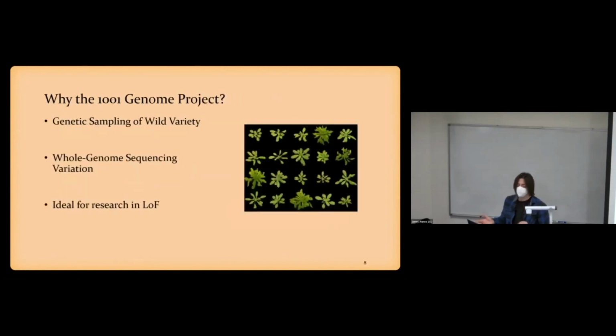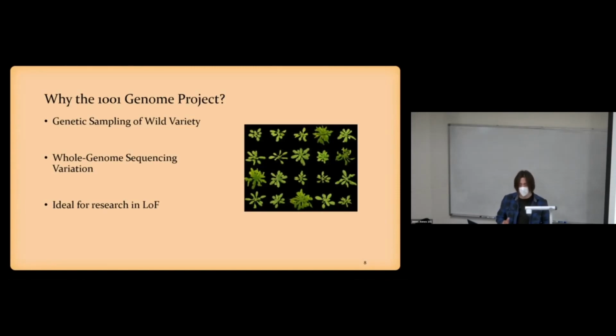But why are we using this 1001 Genome Project? What is that? Well, first, why are we using Arabidopsis anyways? It's a really great model organism. If we want to dive into some wet lab work with it, we can. It's really easy to grow, and the genome is really well known. But with this 1001 Genome Project, essentially they constructed a genome from 1001 accessions of Arabidopsis.